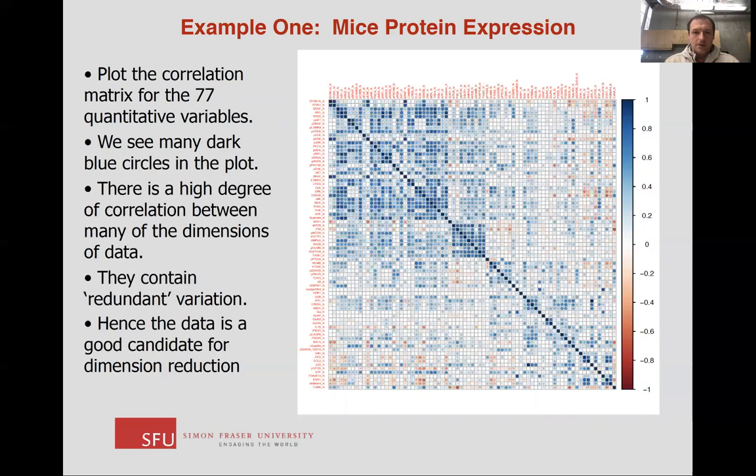So we have a lot of dimensions, but it appears that many of these dimensions have a high positive correlation. So when one protein is observed, then another is also likely to be observed. Because we see that they're correlated, there's probably some redundant variation here. And so for this reason, this data set is a good candidate for dimension reduction.